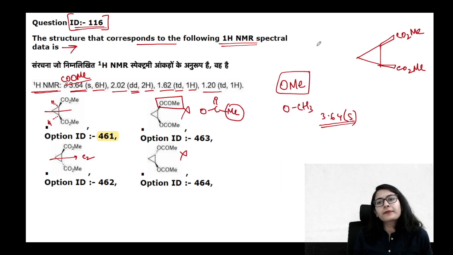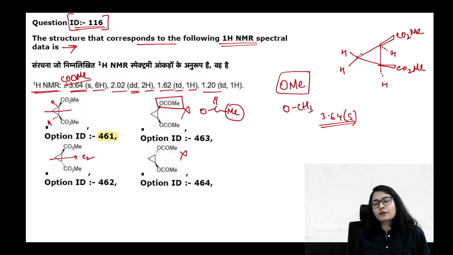This is sorted out. Now these two hydrogens are going to be close to these two. So these should be a triplet. They should have been a triplet because they are surrounded by two hydrogens over here and one hydrogen over here as neighbor. So it should have been a doublet of a triplet. But do we have a doublet of a triplet?